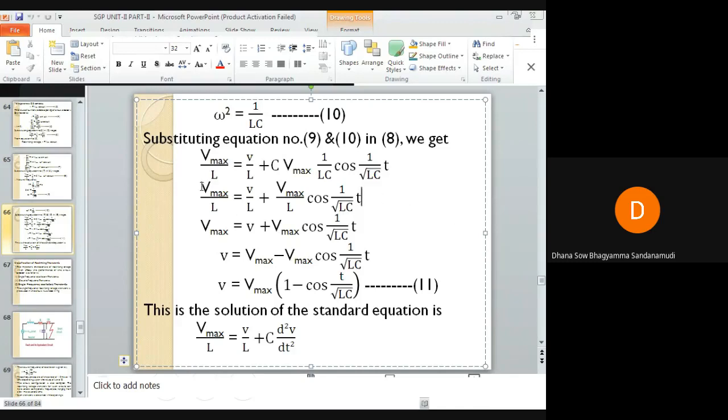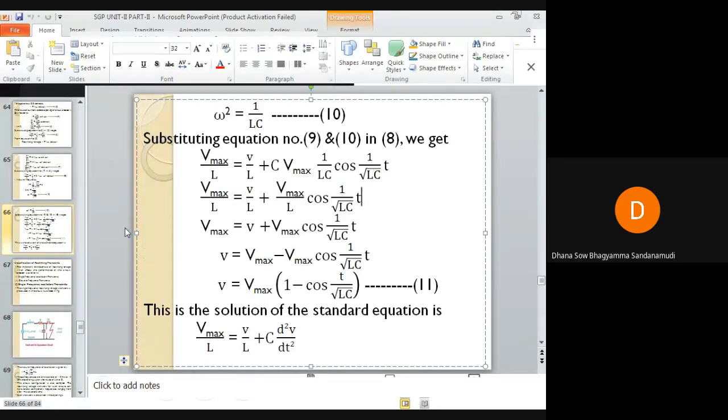This is what we have got, and you can see there is 1 by LC; in the denominator C is there and in the numerator C is there. Just cancel these two C's, and what is left over is V max by L equals V by L plus V max by L cos 1 by root LC t.